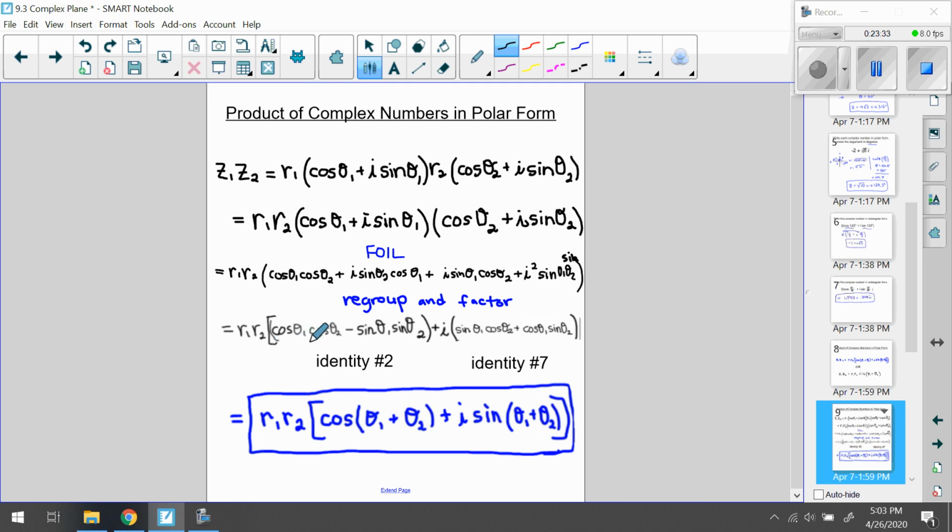This one, if you read it from right to left, cosine of an angle, cosine of another angle minus the sine of the first angle, sine of the second angle is the same as the cosine of a sum. So that was identity number 2. And this one here is identity number 7. And so by substituting those, you end up with R1 R2 times the quantity cosine of the sum of the angles plus I sine of the sum of the angles. And that's your product formula.